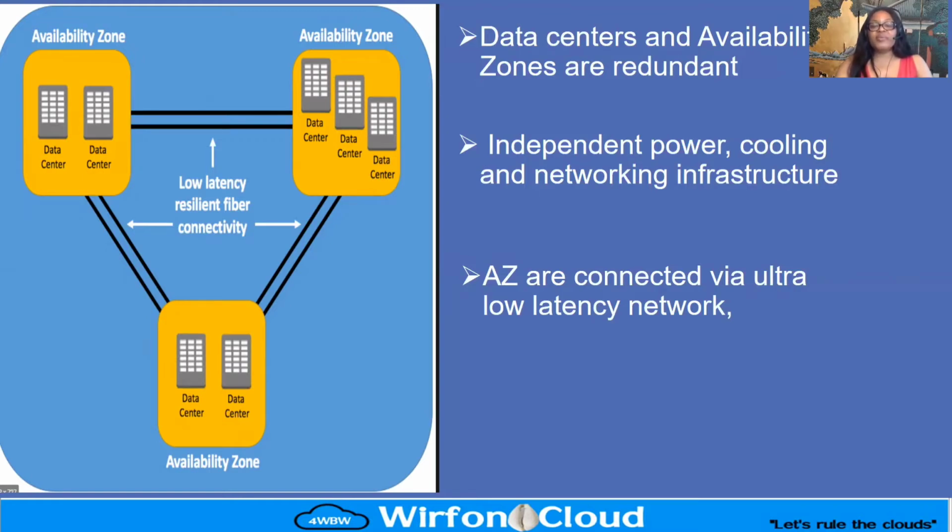And there is connectivity between the availability zones. In the case of AWS, these availability zones are connected through an ultra-low latency network. And how far apart are these availability zones? Typically, they are tens of miles apart, like 16 miles away from each other. This means that they are clustered together within a region.